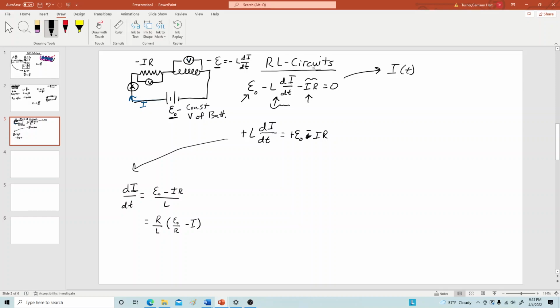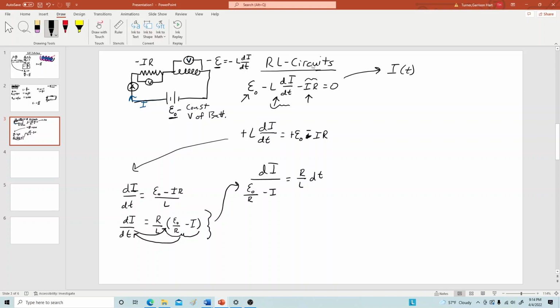Then if I divide both sides by that factor and multiply both sides by dt, the result would be di over epsilon naught over R minus I is equal to R over L dt.